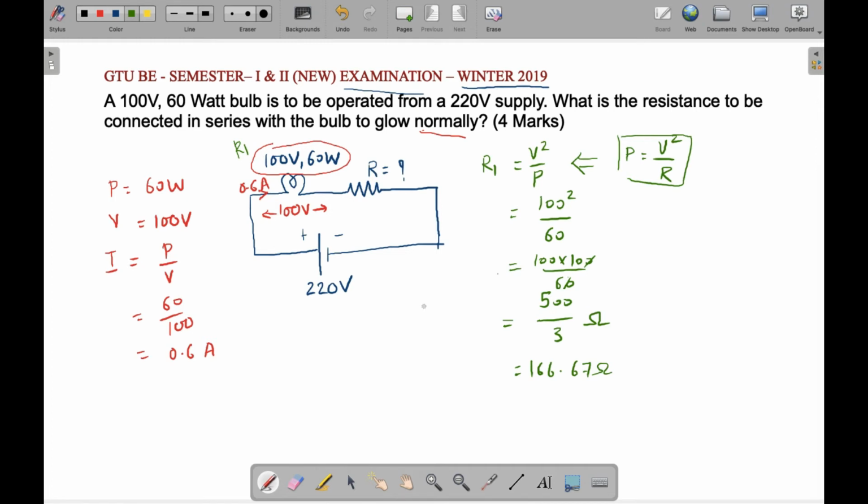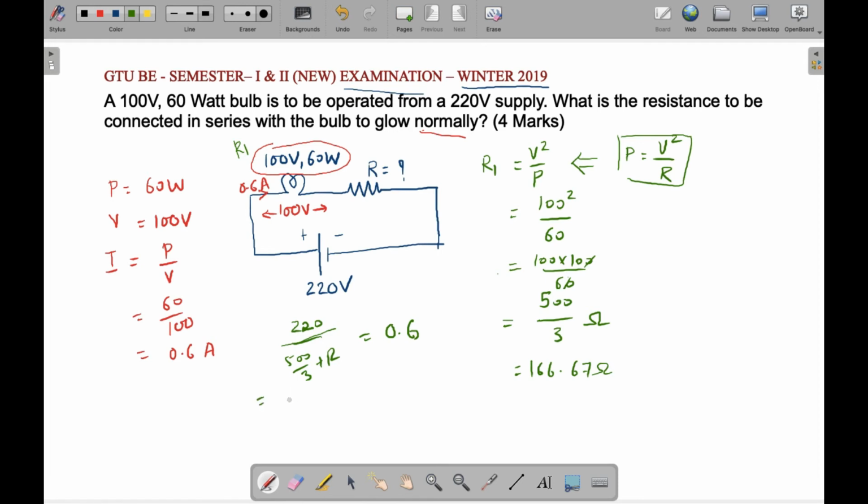We want to find the value of R. The current of the circuit is 0.6 ampere, the total resistance is 500 by 3 plus R, and the supply voltage is 220 volt. So we can get the value of R. We can put the equation this way: voltage divided by total resistance, that is 500 by 3 plus R, should be equal to 0.6 ampere.